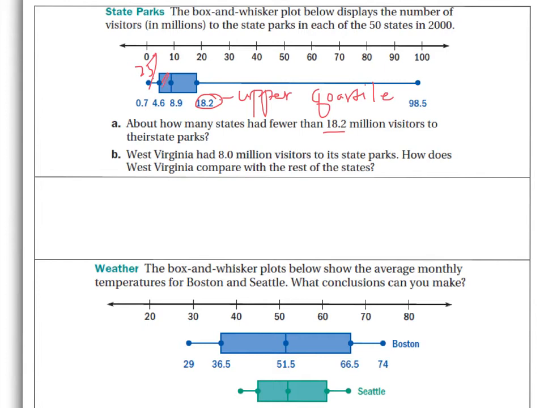Each side of the box also represents 25%. So 25, 25, 25, this would equal 75%. And since 75% of the states have fewer than 18.2, we can take that percentage and multiply it by 50, the total number of states, to get 37 states.